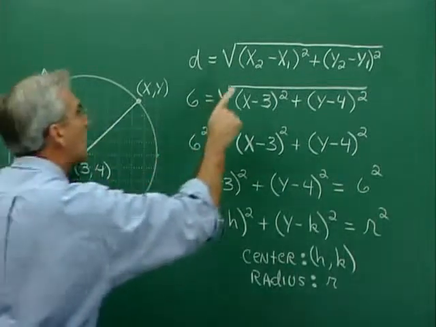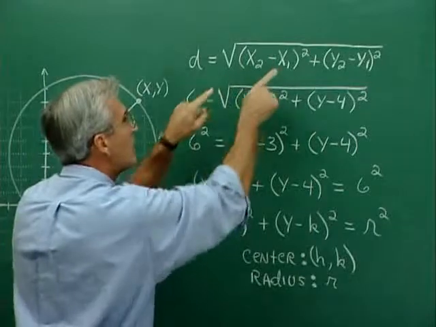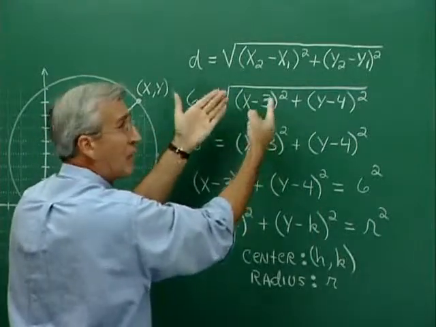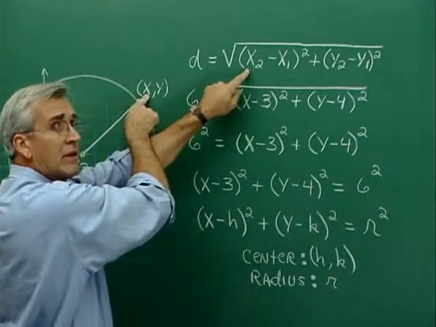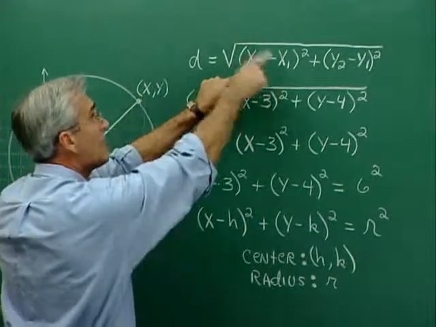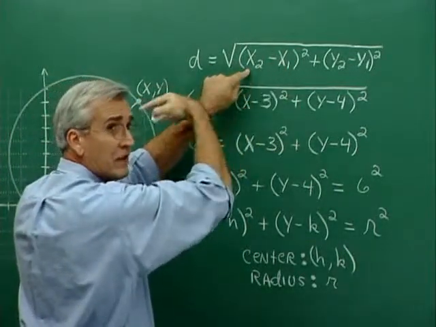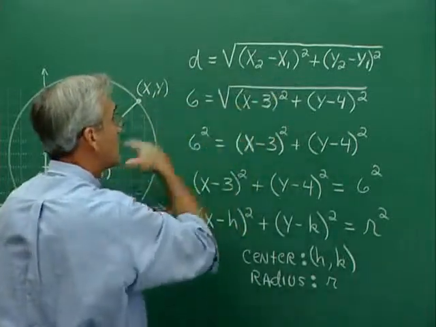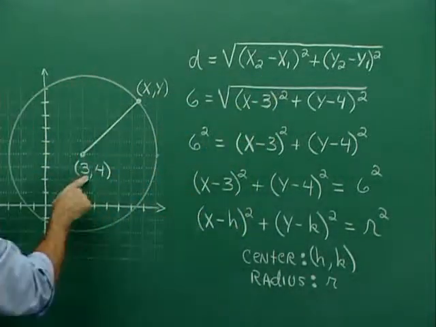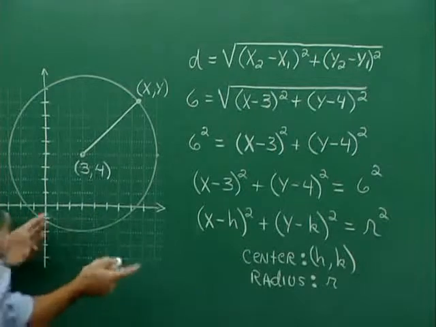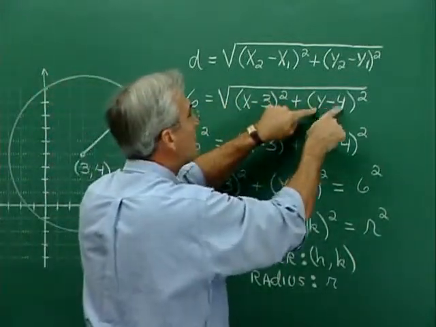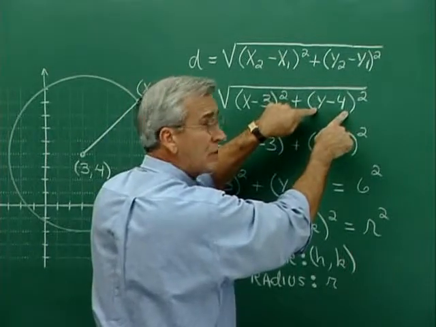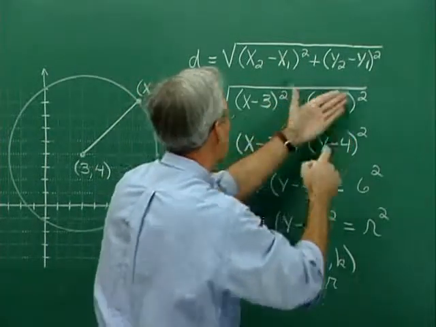Now, when we talk about difference in x components here, one of these x components, one of these horizontal distances, is the x associated with the point on the edge of the circle, and the other is the point at the center. So one of these x's is 3, you see, because of the coordinates of this point. All right, so it's x minus 3 squared, and then a general y minus the y component for the center, 4. And so we have this equation.